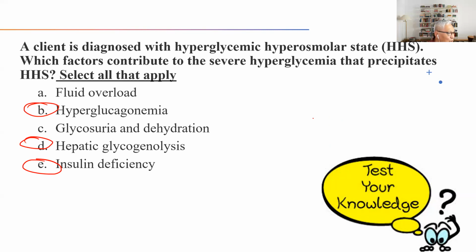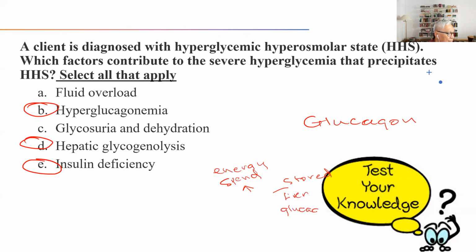Glycogen is stored glucose. When we eat, we spend the food that we eat for energy, and the rest is stored, mainly in the liver and muscles in the form of glycogen.